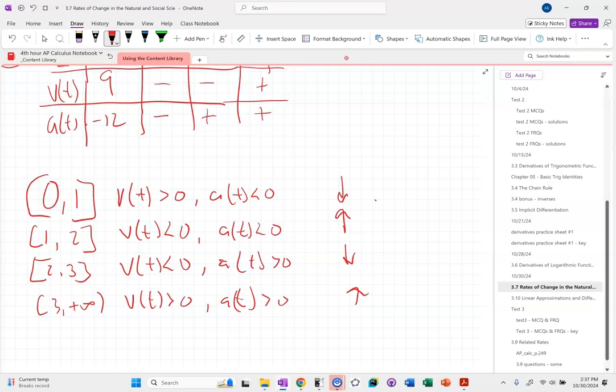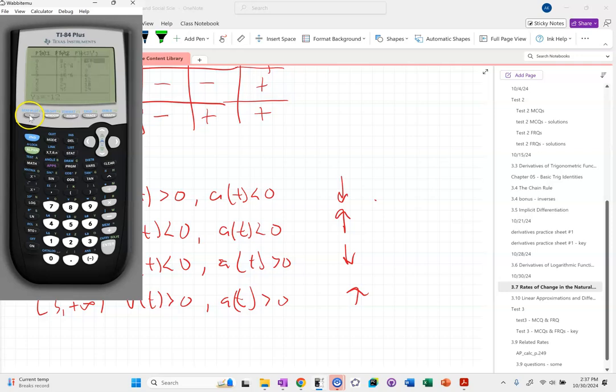Sure. Could you pull up the graph for that? Yeah, sure. Let's turn off the position function so that's just not in our way. So this is the velocity. Between 1 and 3, it's negative. And here's the acceleration graph having an x-intercept at 2.